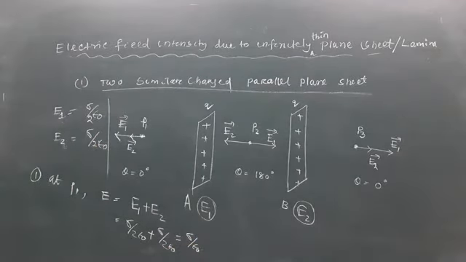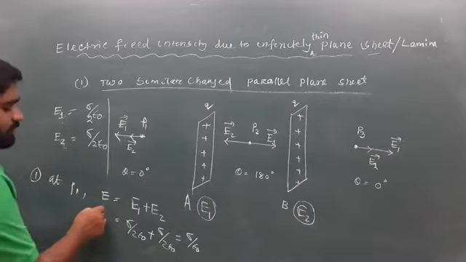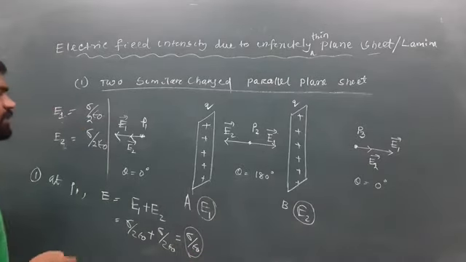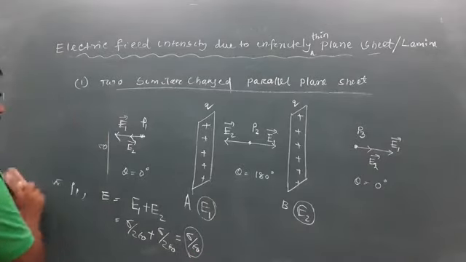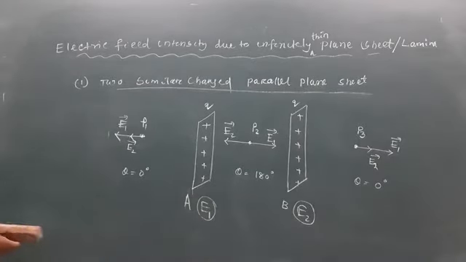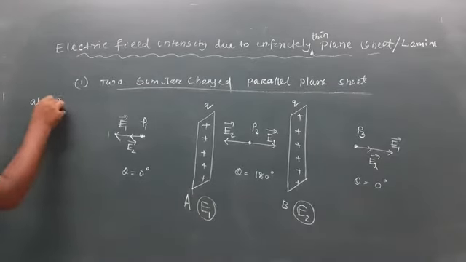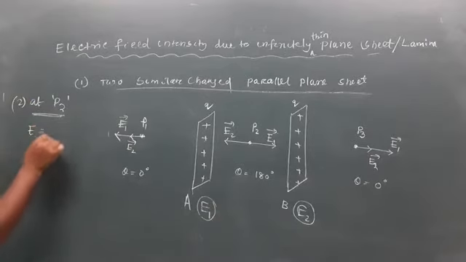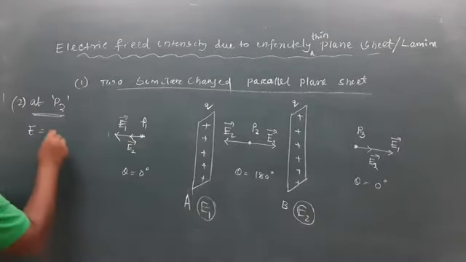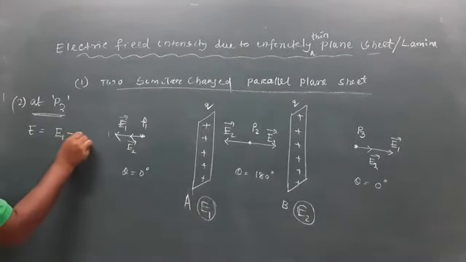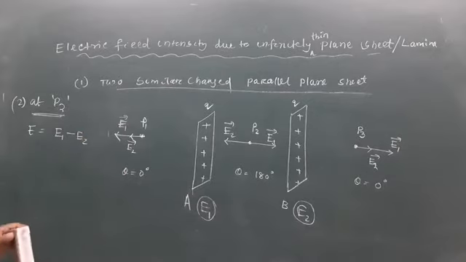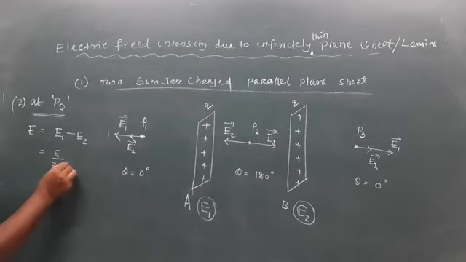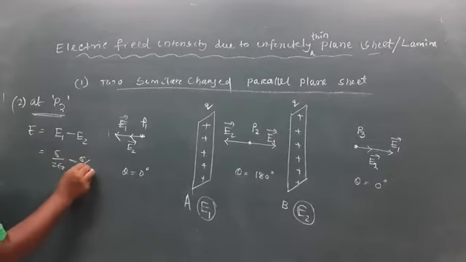When we consider same type of charges, so electric field at one side will be sigma by epsilon 0. Okay. Now come to point P2. At P2, okay, resultant field E equals to, angle theta equals to 180, so that will be E1 minus E2. Okay, (A minus B) square type equation, so that will be sigma by 2 epsilon 0 minus sigma by 2 epsilon 0, that will be 0.